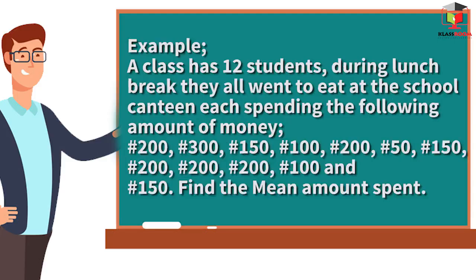Example: a class has 12 students. During lunch break, they all went out to eat in the school canteen. Each spent the following amount of money: 200 naira, 300 naira, 150, 100, 200, 50, 150, 200, 200, 200, 100, and 150. Find the mean amount spent.